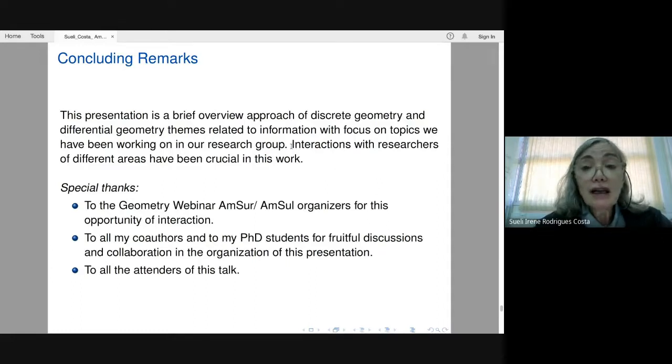One important thing to stress is that for us the interaction with researchers from different areas has been very crucial in order to get problems that are really meaningful for application. So that even if we don't consider the application, the approach is useful.